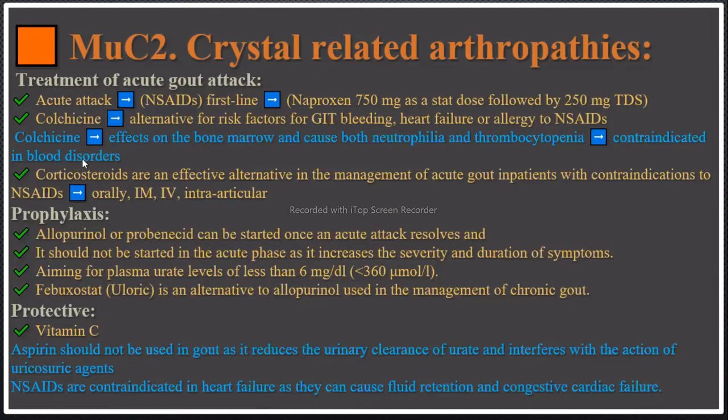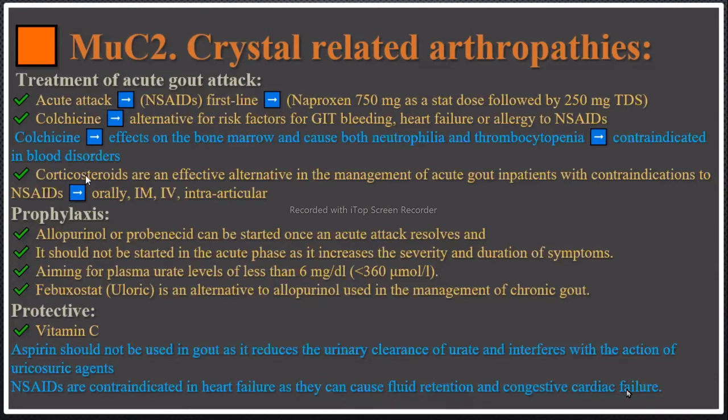You have to go for corticosteroid, an effective alternative in the management of acute gout in patients with contraindication to non-steroidal anti-inflammatory drugs.